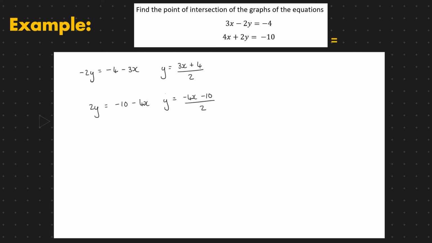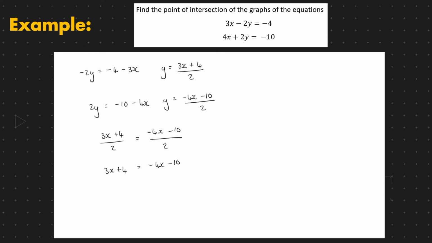So now we can put these two equations equal to each other. So we're going to have 3x plus 4 divided by 2 is equal to negative 4x minus 10 divided by 2. So if we multiply by 2 throughout, we're only going to be left with 3x plus 4 is equal to negative 4x minus 10.